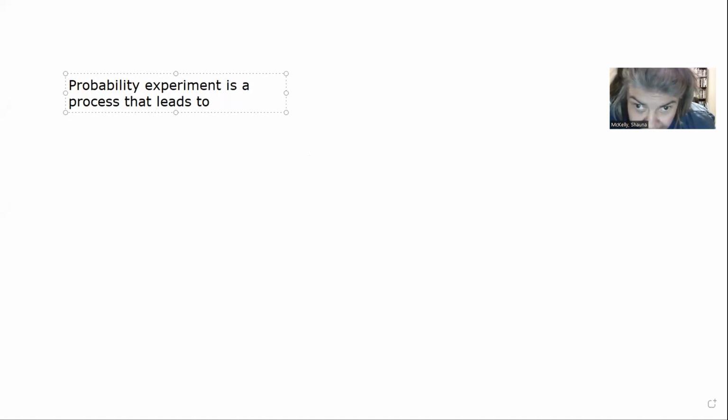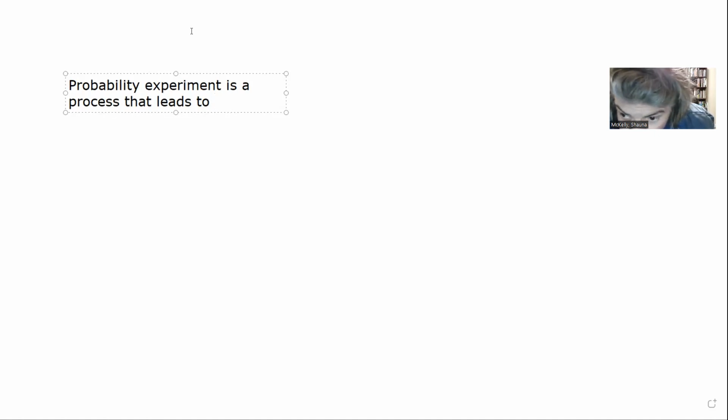So if we go back, it's a probability experiment that it's a process that leads to specific outcomes, okay? So let me come back to I need to move this down here so I can see, and I need to change this.